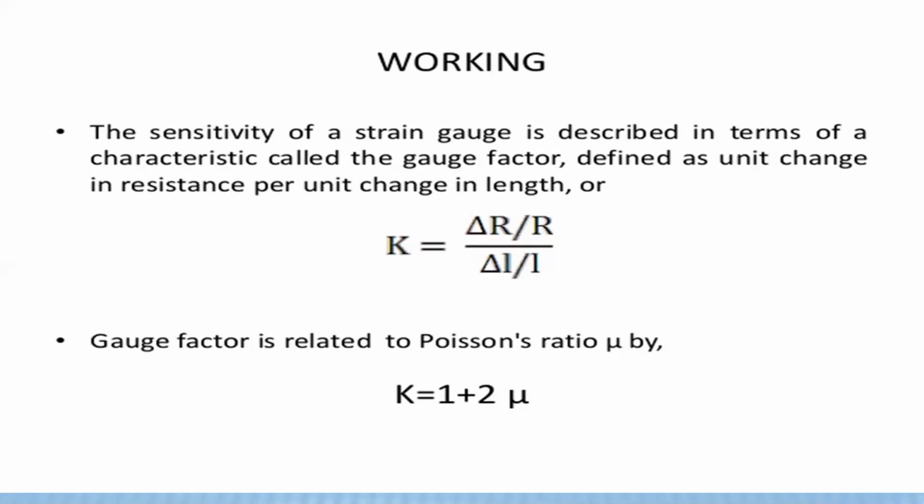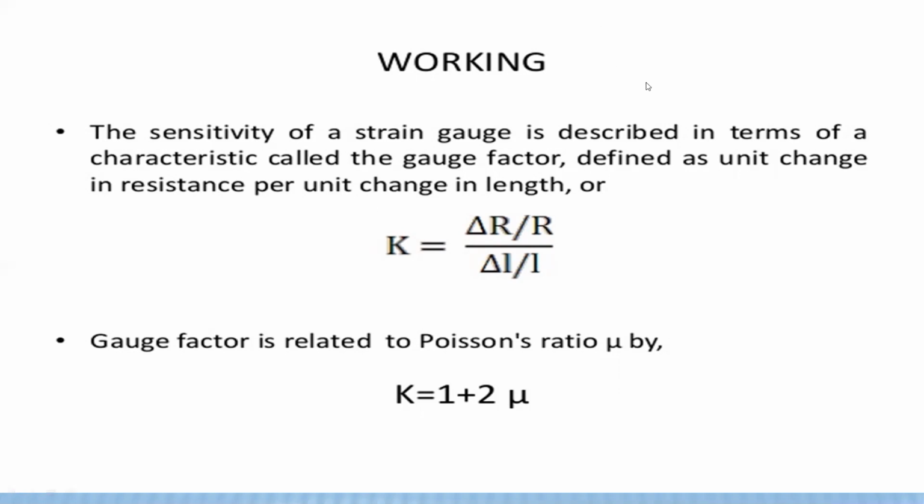So gauge factor K is equal to the change in resistance over the original resistance, divided by the change in length over the original length. K is equal to change in resistance by original resistance, by change in length by original length.